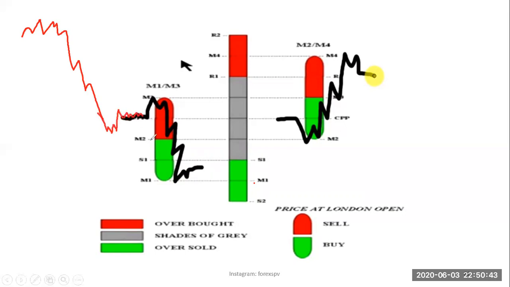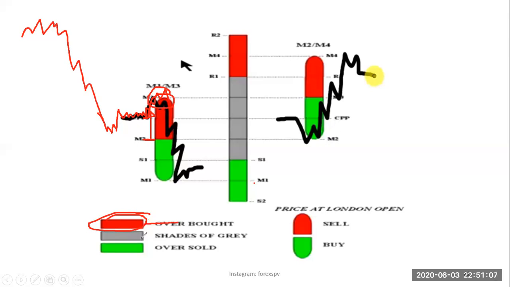So this is M2. M2 going up is our overbought area. So any area where price would form a stop hunt high and then a pattern should be a good area for sale because it's an area for overbought.